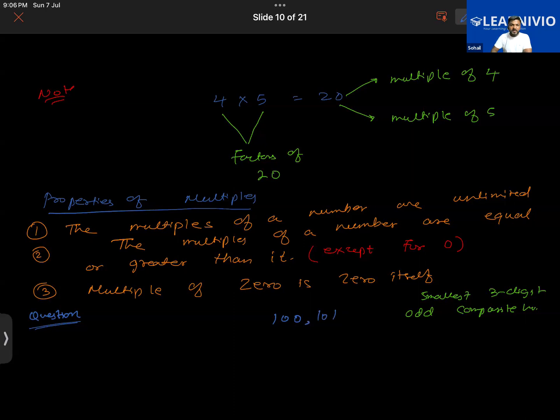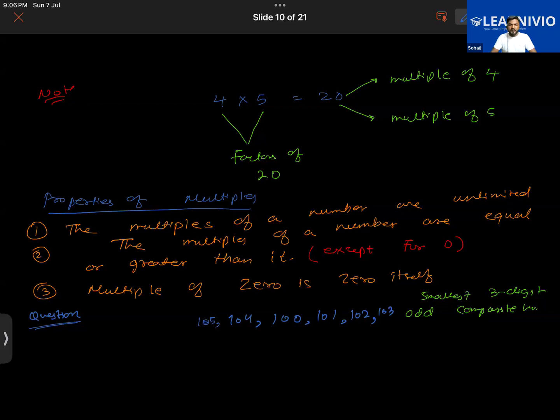No, we can't take 101 because it is not a composite number. 102 is an even number, so we can't take this either. 103 is not a composite number because it does not have more than two factors. 104, we can't take. 105, exactly. So 105 is the smallest three-digit odd composite number.